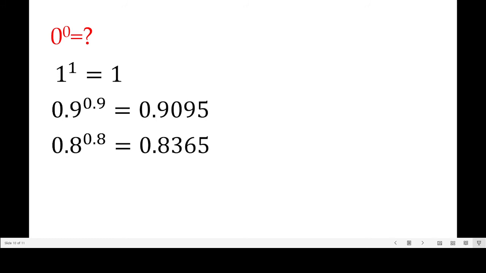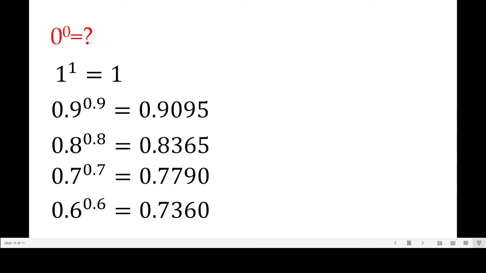Let's go to the next expression. 0.8 to the power 0.8, yes, it's equal to 0.8365. And let's continue. 0.7 to the power 0.7, yes, equals 0.7790.